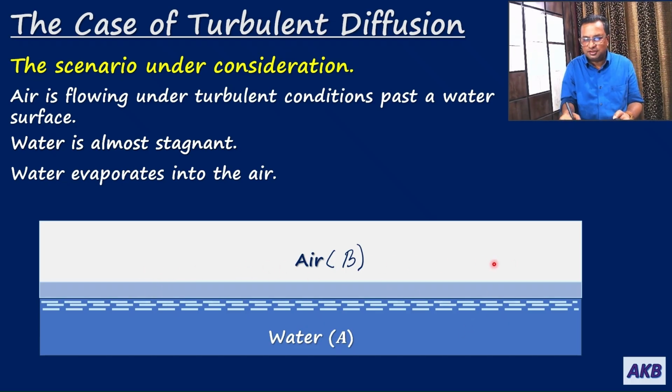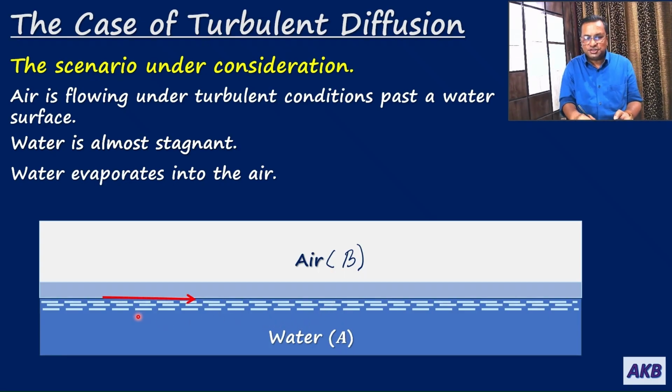water surface under turbulent conditions, then close to the water surface there is a thin film of air. What is the significance of this thin film? Within this film, the conditions are laminar. So you can say that this is a stagnant film of air which is close to the water surface.